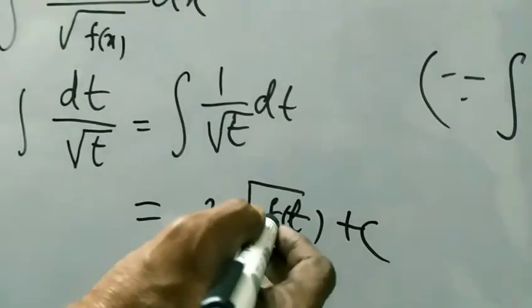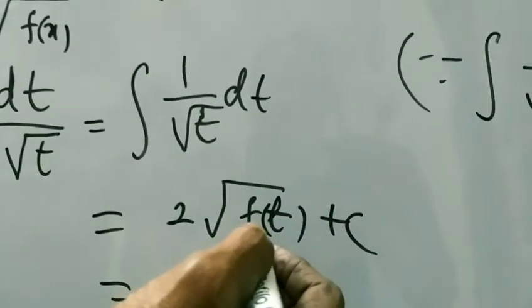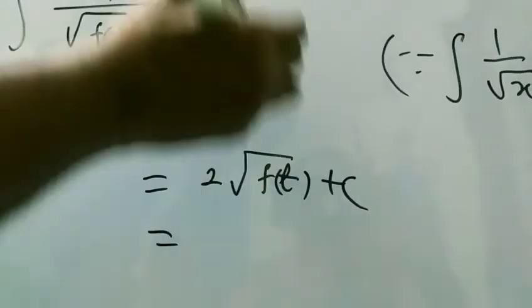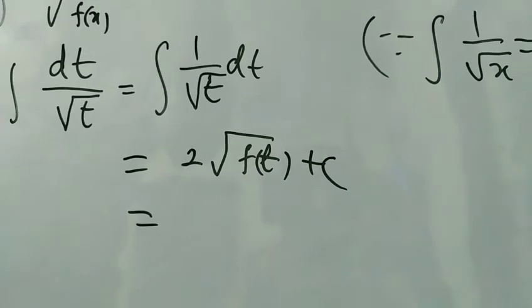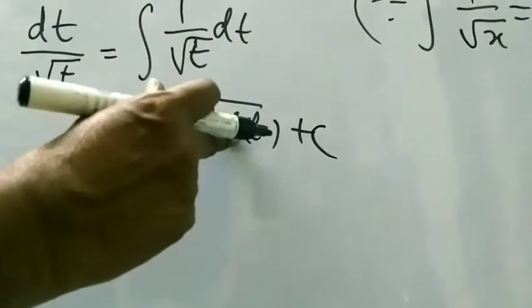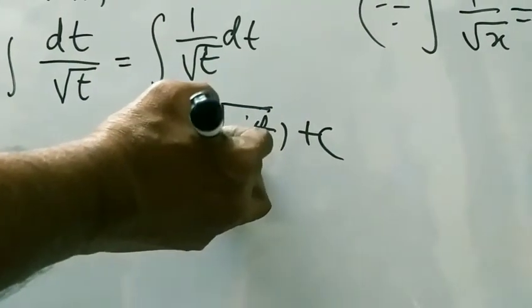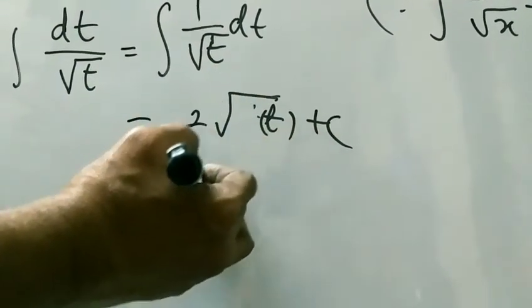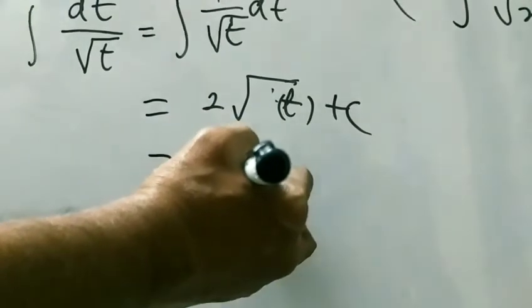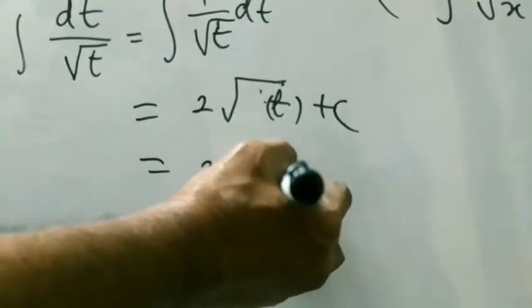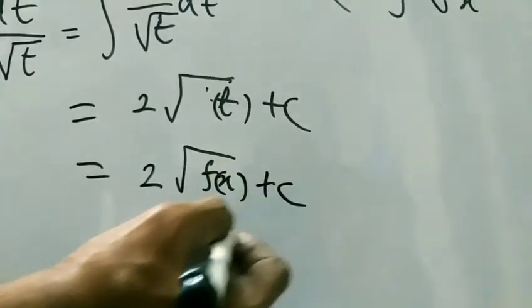Here f of x is equal to t, so in place of t we write f of x: 2 into root of f of x plus c.